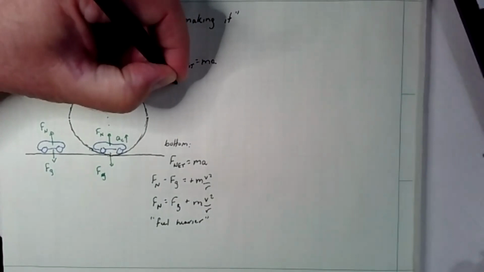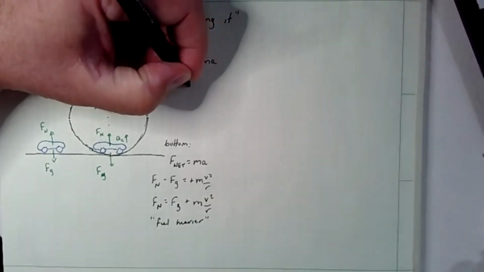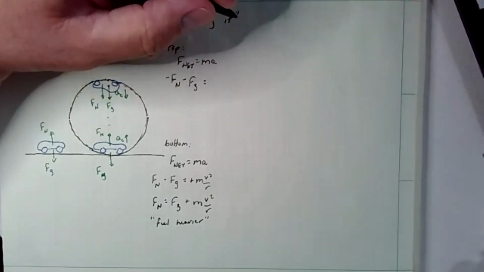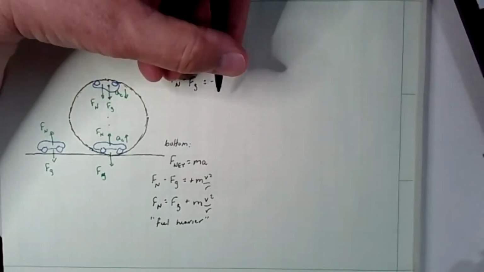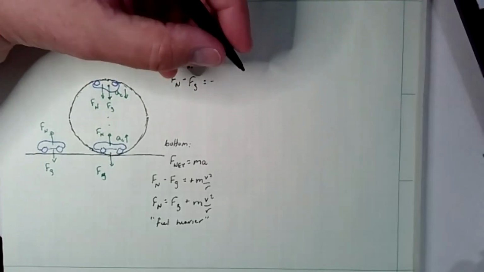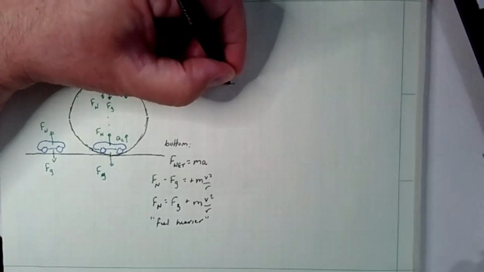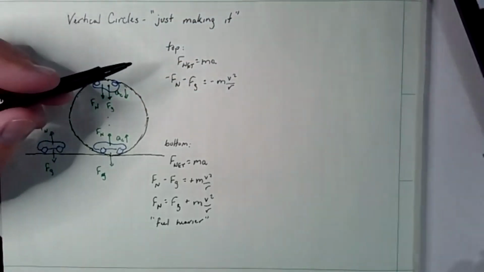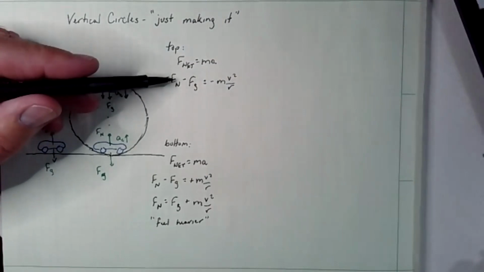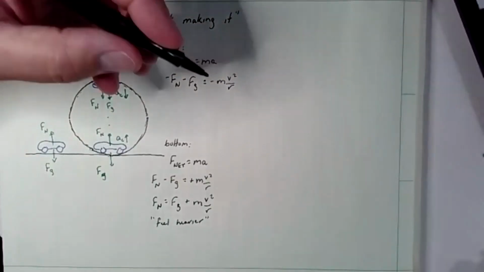So minus Fn, minus Fg, equals, and since the centripetal is inward at the top, inward is down, minus mv squared over r. Now, if we're going to solve for the normal force, we can multiply through by -1 and then subtract Fg from both sides.